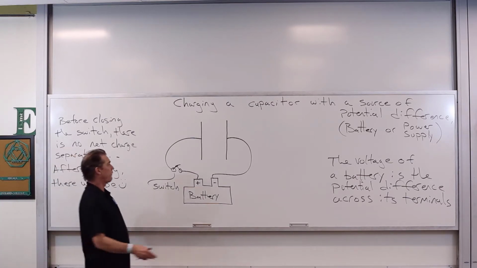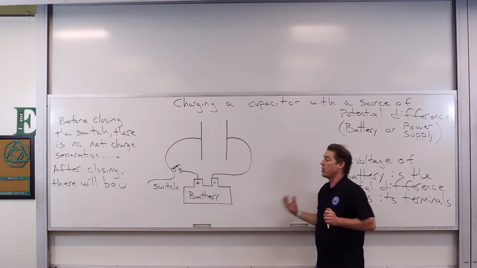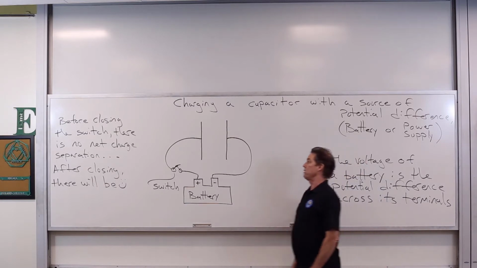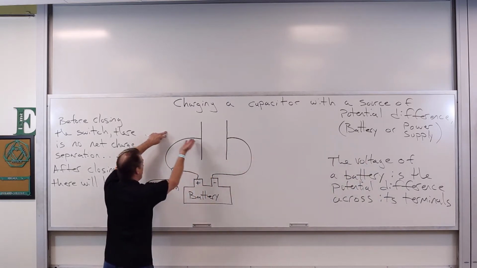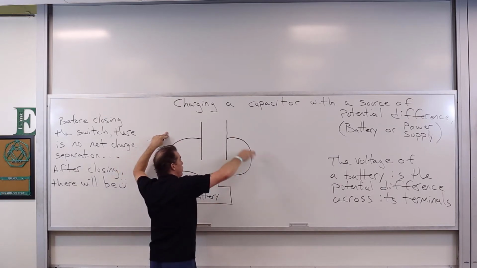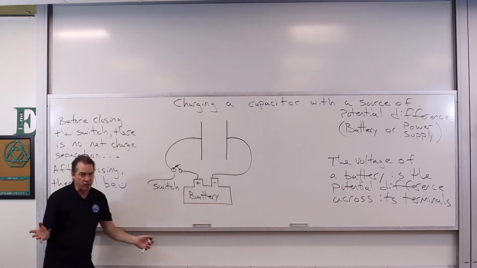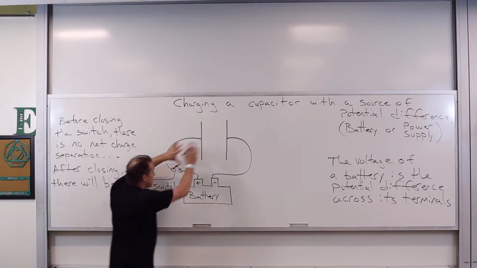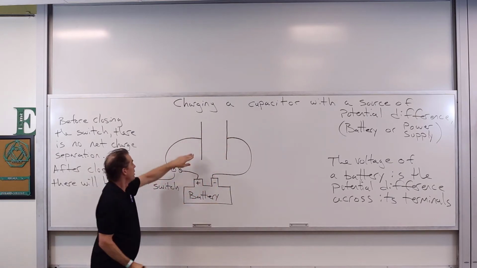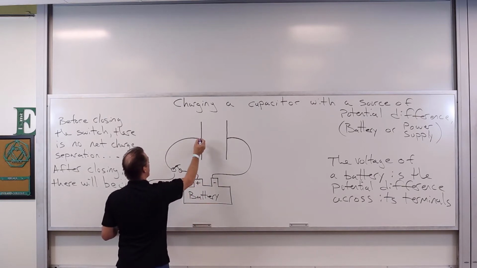So if there's an electric field within this conductive pathway that wants to move electrons around, some of the conduction electrons are going to move, and the electric field is set up such that it follows the pathway and ultimately does this. So the battery isn't a source of electrons itself. It is the conductive material that is the source of the electrons. So electrons are going to come off this plate.